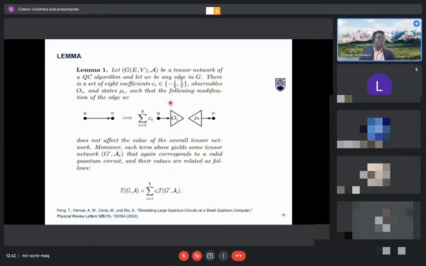And so what you're going to see also is this observable and this initialization.